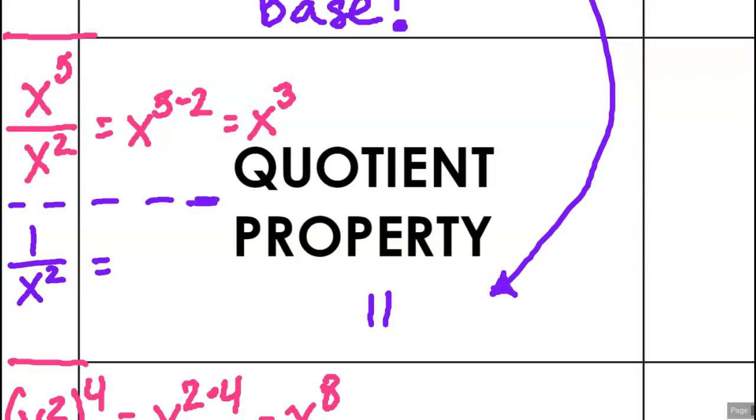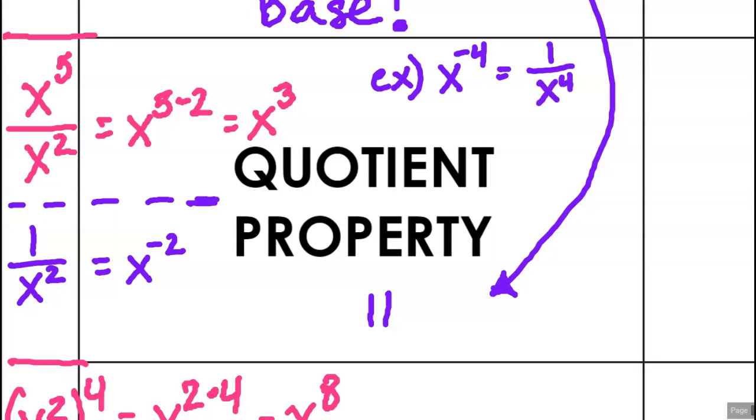This one's tricky. Everyone seems to forget this, so I'll just tell you. We can rewrite 1 over x squared as x to the power of negative 2. Anytime you have a negative exponent, that actually means that term is in the denominator with the positive version of the exponent. So if you had, for example, x to the power of negative 4, this is the same thing as 1 over x to the power of 4.